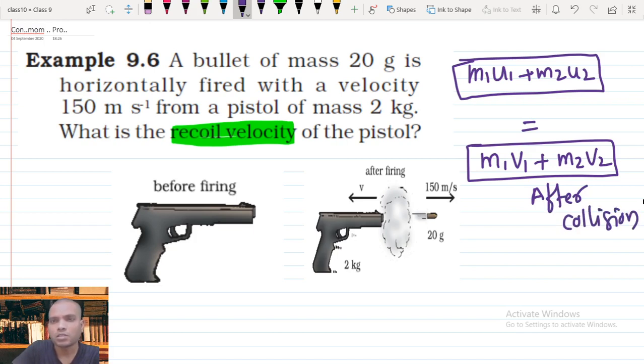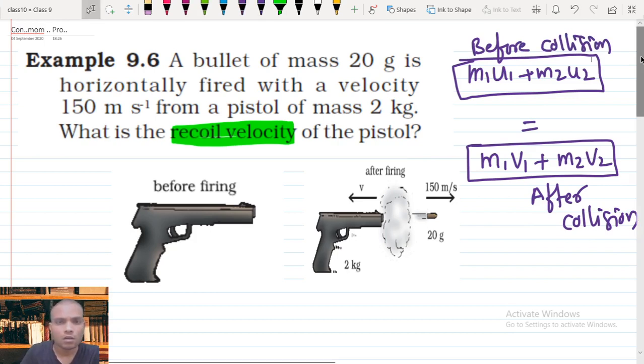This is after collision, this is before collision. Now we need to find each term here.